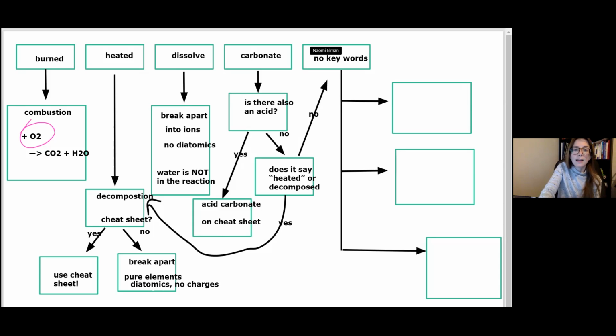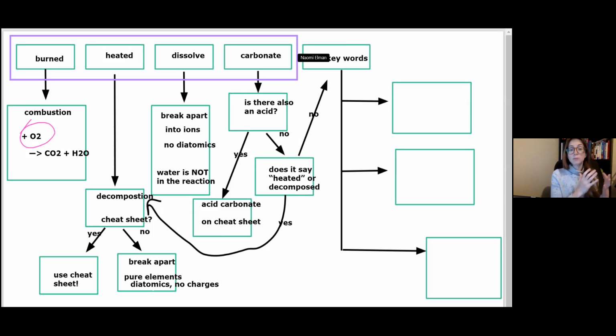So again, if you can remember these 4 keywords to look for them first, that helps you figure out a lot of the different reaction types. If it doesn't have a keyword, then we only really have 3 options.